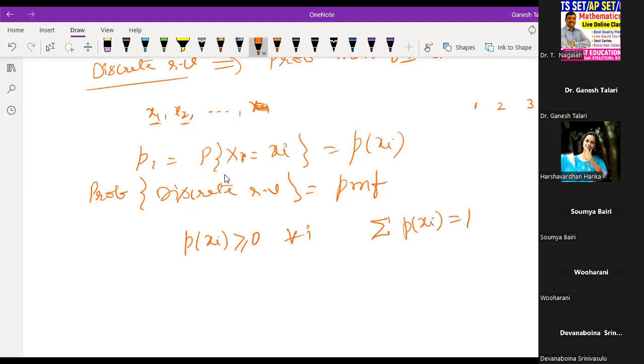Because it is a mass and it should not be greater than 1, because it is a probability value. I already told you that the probability of a sure event is 1 and of an impossible event is 0, so your probabilities lie between 0 and 1. All of these get cumulated: the summation of the probabilities of a discrete random variable, or of a random experiment, will be equal to 1.